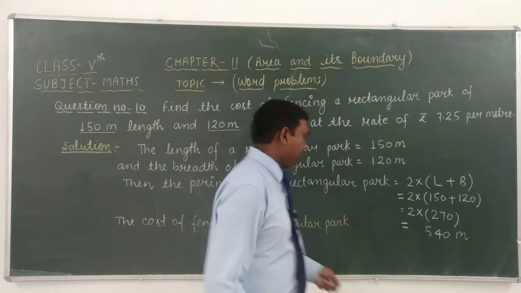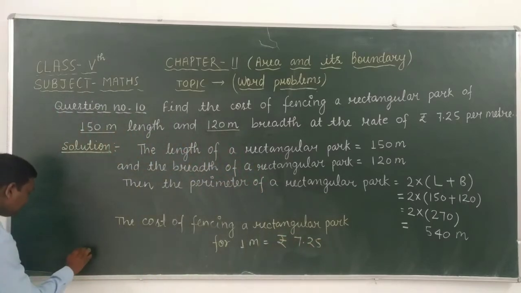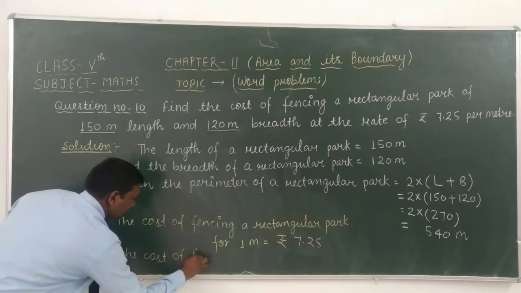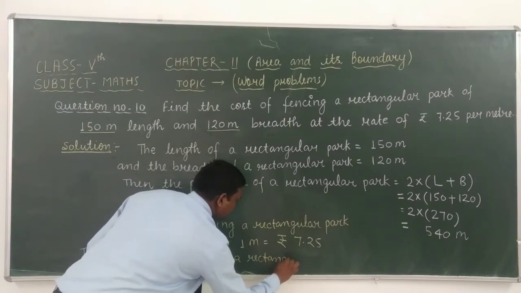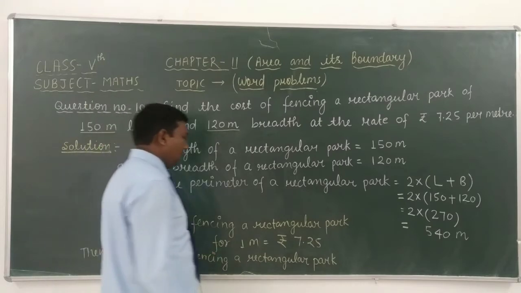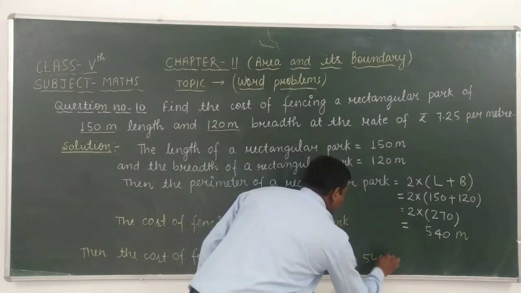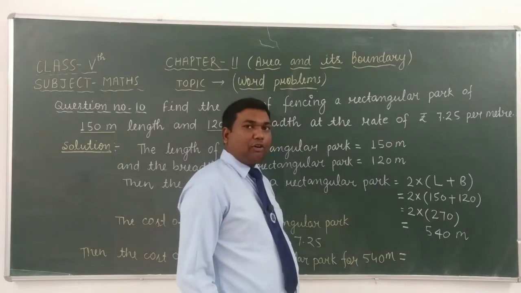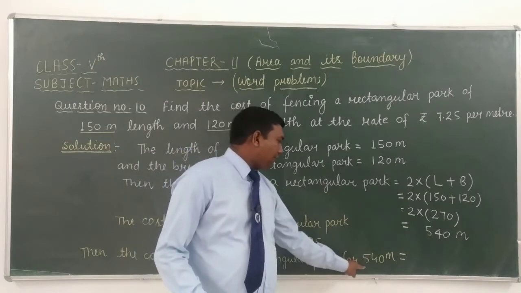Yes, rupees 7.25. Then the cost of fencing a rectangular park for 540 meter is equal to, dear students, we multiply 7.25 by 540.